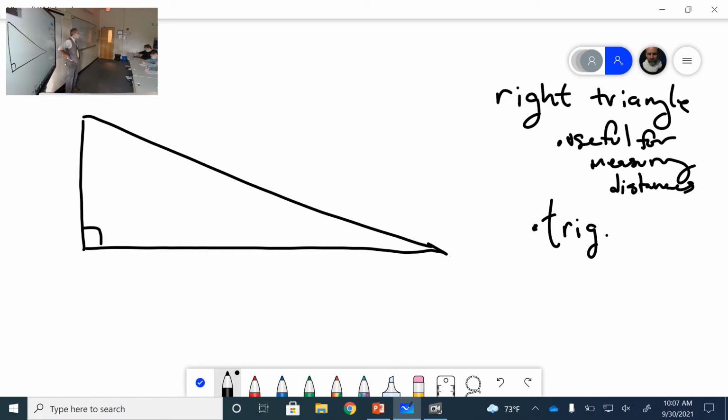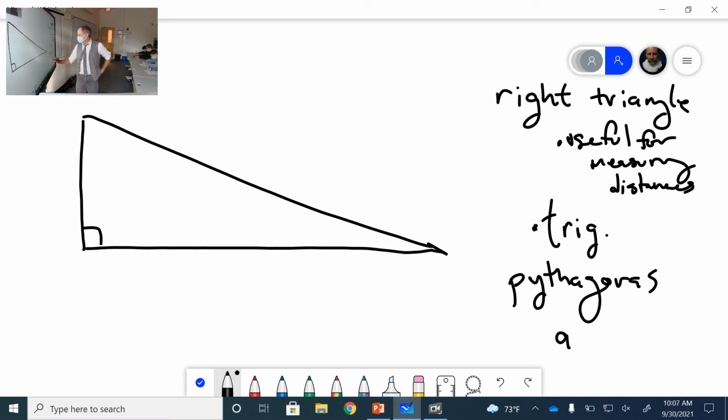Great. What else do you remember about right triangles? Pythagorean theorem. What is that? A squared plus b squared equals c squared. What are A and B and C? C is the hypotenuse.